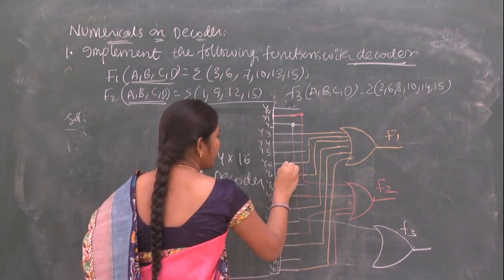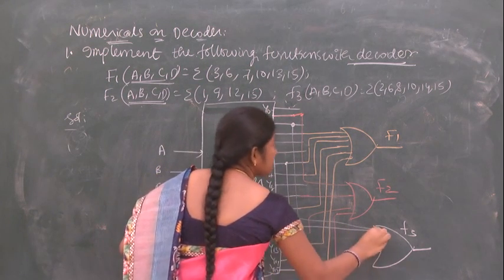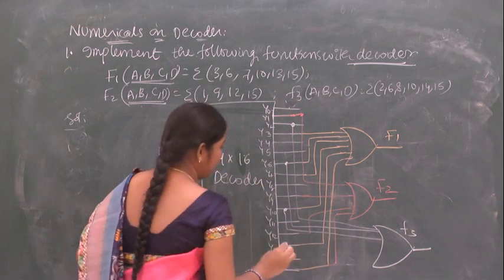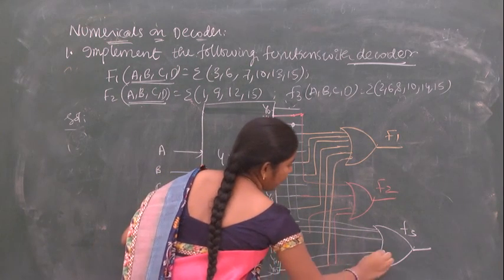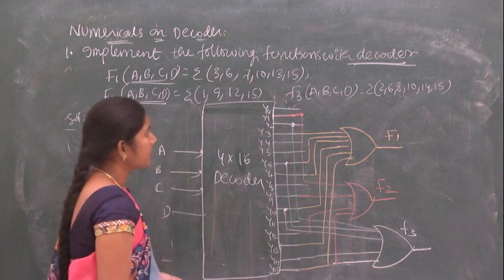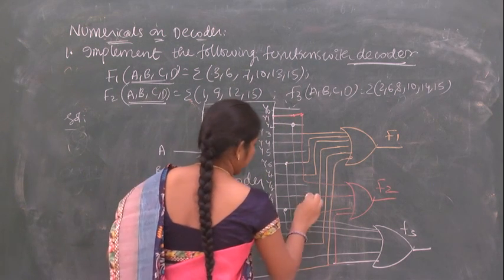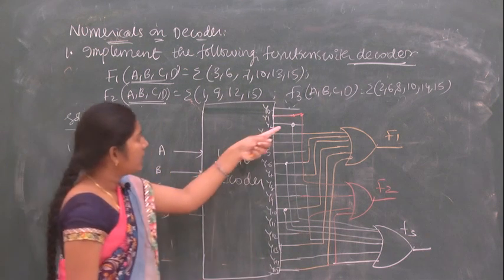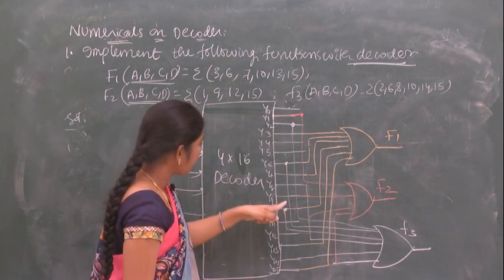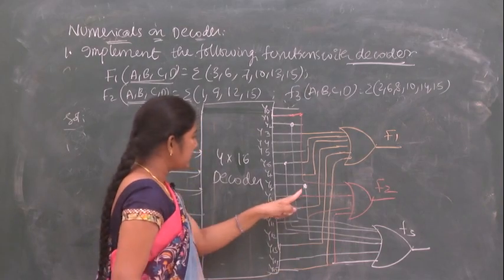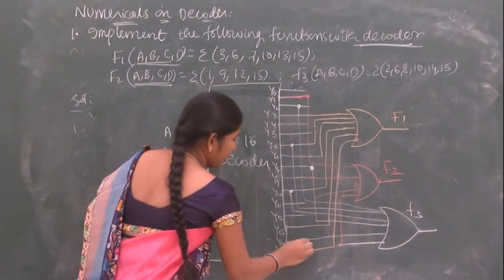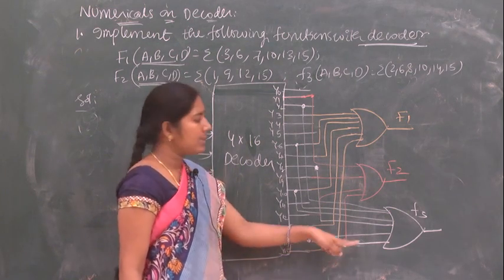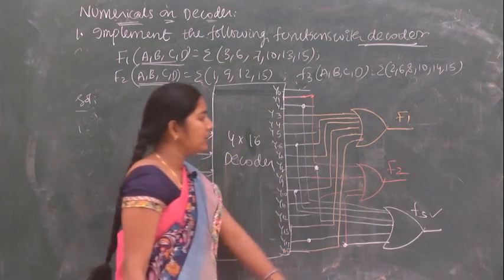So 2, 6, 8, 10, 14 and 15. For all these cases, the F3 value is high.